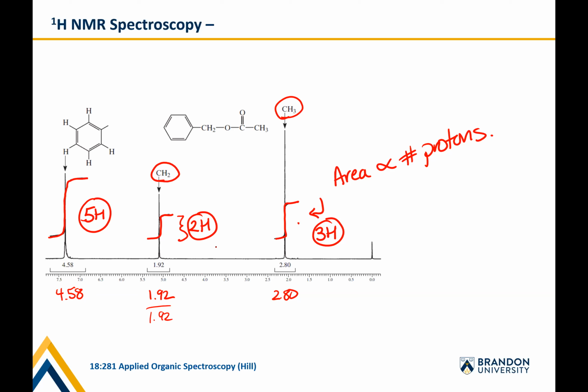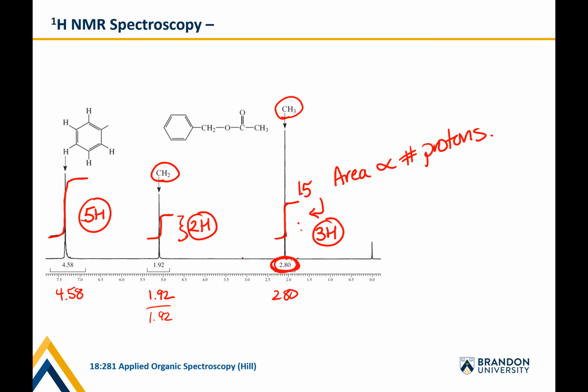These numbers here don't necessarily represent the number of protons. It's the ratio, the relation, because you have to make it fit. But the ratio between here and here, because this is 3 and this is 2, this height should be 1.5 times as big as that.